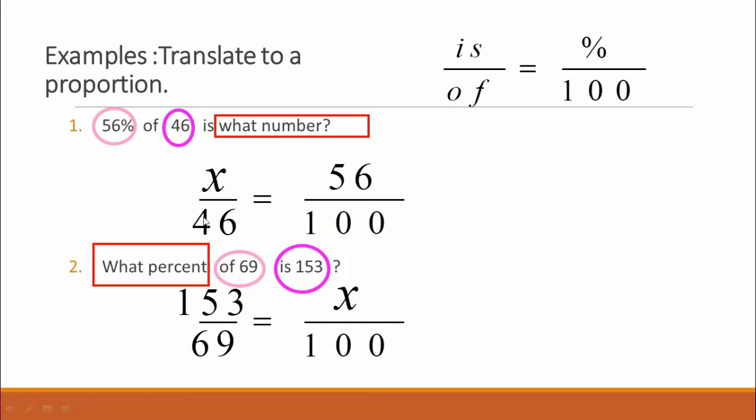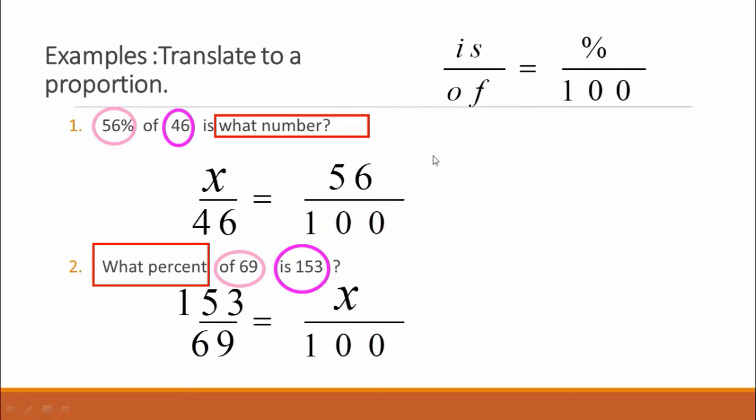So the whole is 46, and is divided by of is equal to percent divided by 100. Equal means proportional, and proportional means two ratios are equal: the ratio of part and whole, and the ratio of percent and 100. So the translation for the percentage formula is "is" divided by "of".